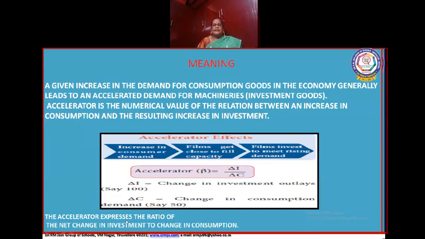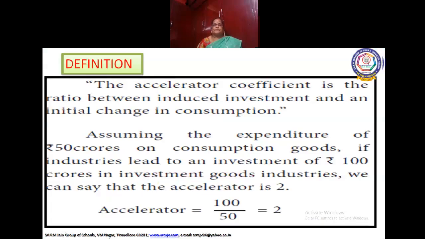The accelerator expresses the ratio of the net change in investment to a change in consumption. The accelerator coefficient is the ratio between induced investment and an initial change in consumption.